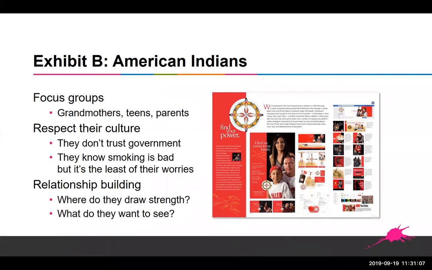Why is that? Well, this group has a completely different set of risk factors. They have lower levels of education. They have high levels of poverty. Both of those things can lead to high stress levels. The tobacco industry specifically targets them and markets their products to say that it's a stress relieving tool.